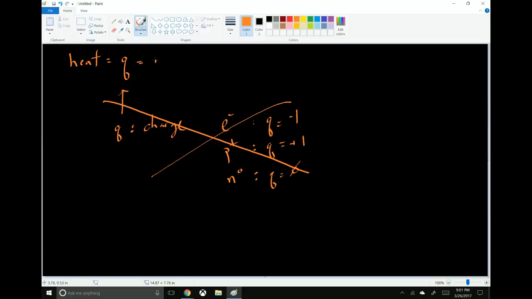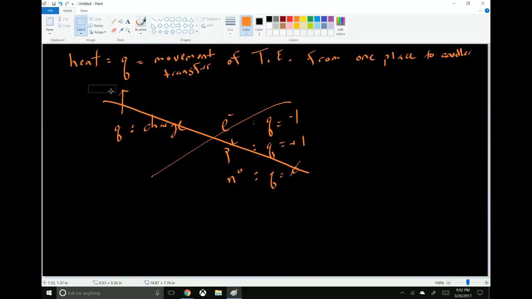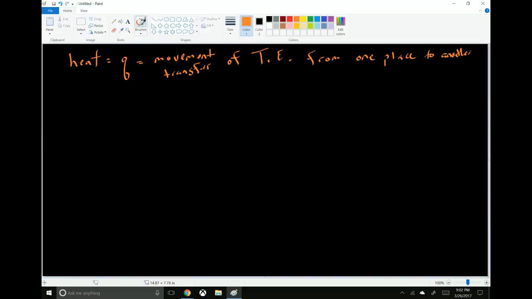So here in thermodynamics, heat, Q, is the movement or transfer of thermal energy from one location to another. It could be from inside the system to the surroundings, from surroundings to system, from one place in a system to another, and so on. There are 3 ways for heat transfer to occur in any given system: conduction, convection, and radiation.